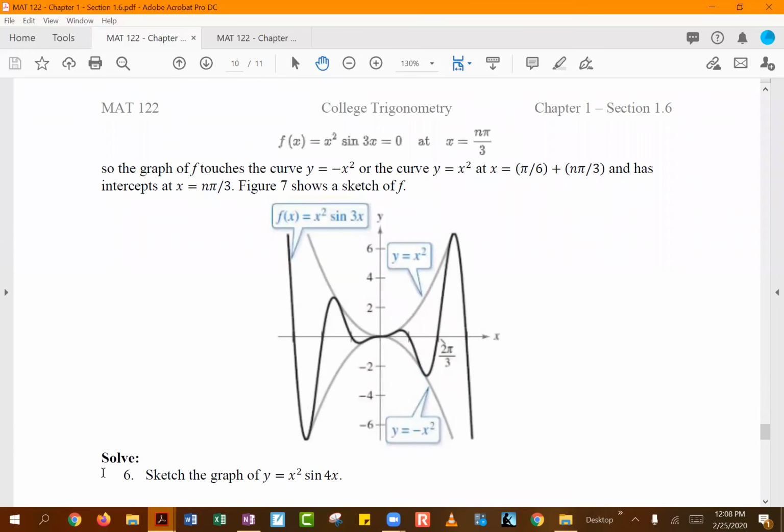And then, of course, instead of your zeros being at n pi, they will now be at n pi divided by 3. But again, the same idea: at multiples of pi over 6, your graph is going to be touching those curves for your parabola. And at multiples of n pi over 3, you're going to be at the x-intercept on your damping graphs.